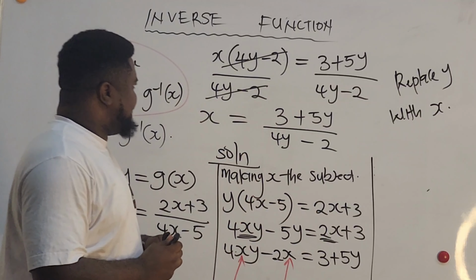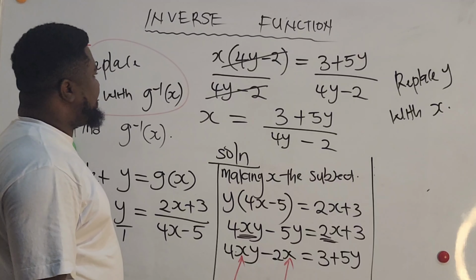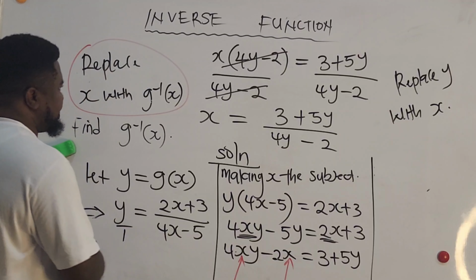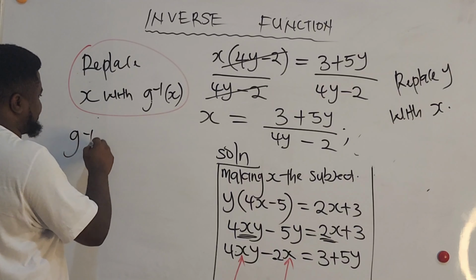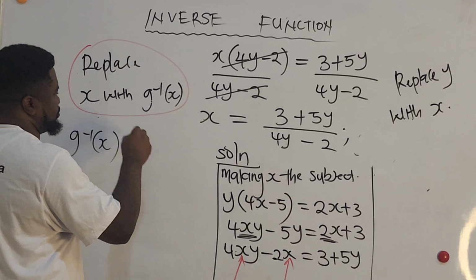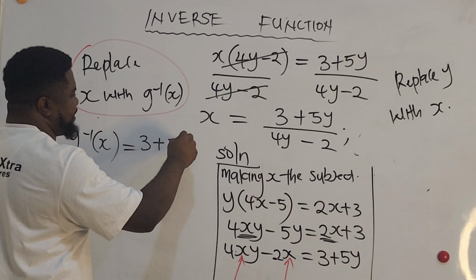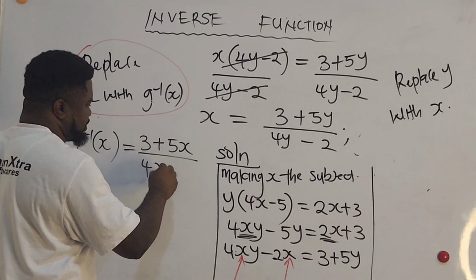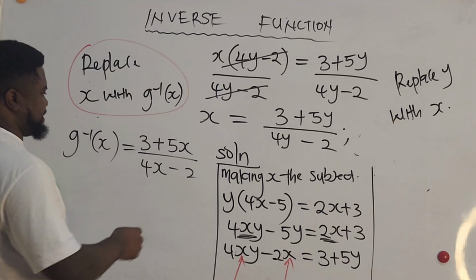So I am going ahead to change all this y to become x, and my x becomes g inverse of x. So when I do that, g inverse of x is equal to 3 plus 5x all over 4x minus 2. That's g inverse of x.